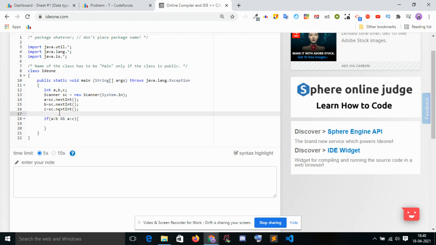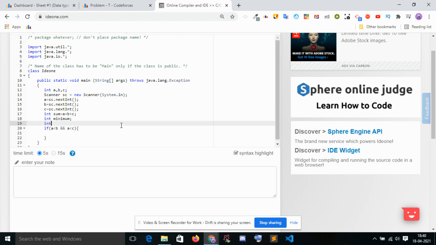Another thing I will do, very basic: int sum equal to a plus b plus c, and int minimum, int maximum.